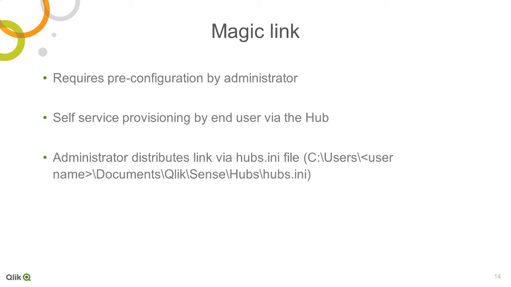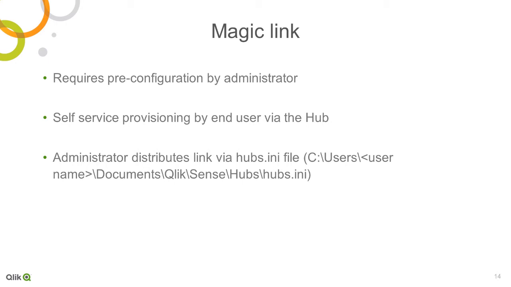There is a file present in the user profile folder after you've installed Sense, or if this file path does not exist, you can create it. If you copy-paste this activation link into a file called hubs.ini on the user's machine, it will also get this magic link added. So you will also see this authentication method.